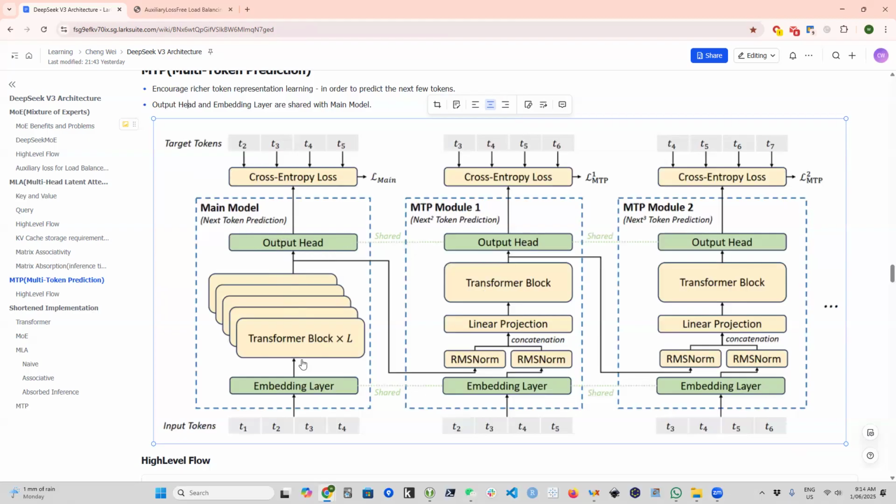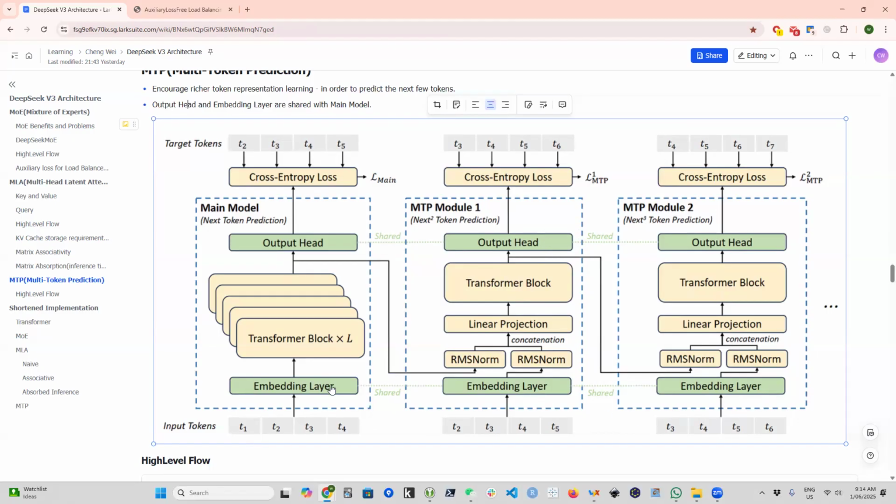But these two things we put into the multi-token prediction also, so that they are trained more, right? They should be shared because they are doing the same thing. That's the part we're trying to make stronger, right?